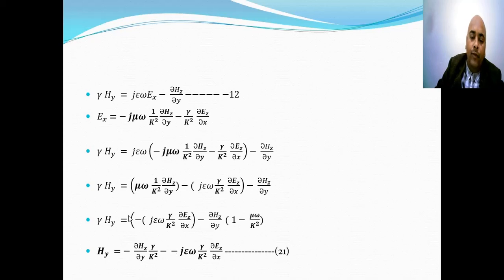Similarly, we can obtain the value of Hy in terms of Ez and Hz components. So the value of Hy is minus curly Hz upon curly y gamma upon k square minus j epsilon naught omega into gamma upon k square into curly Ez upon curly x. So up to now we have derived Ex, Ey, Hx, Hy in terms of Ez and Hz values.